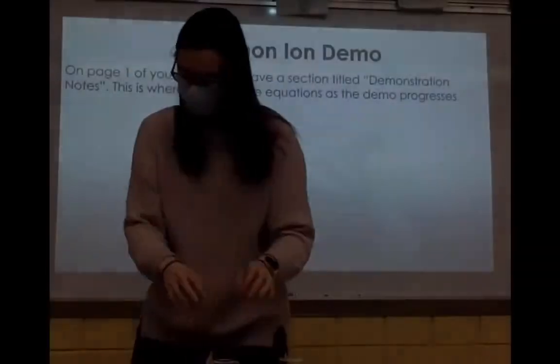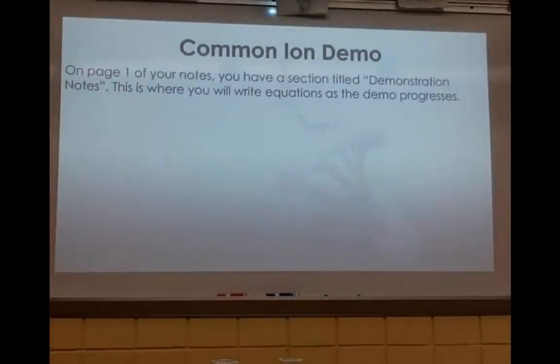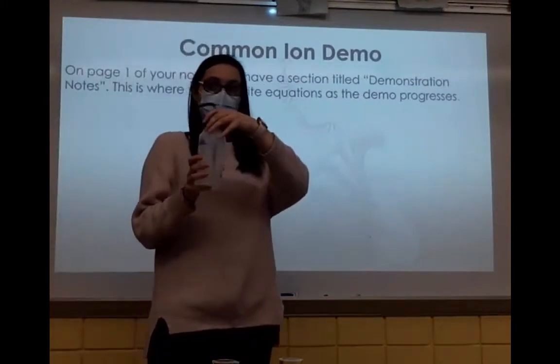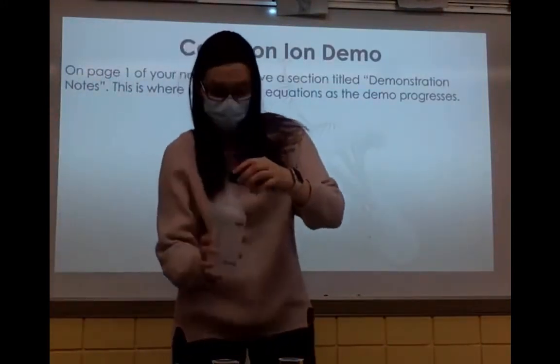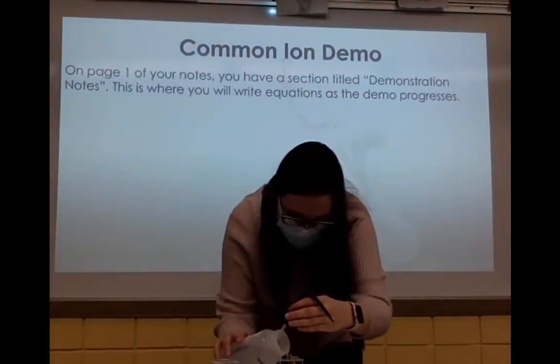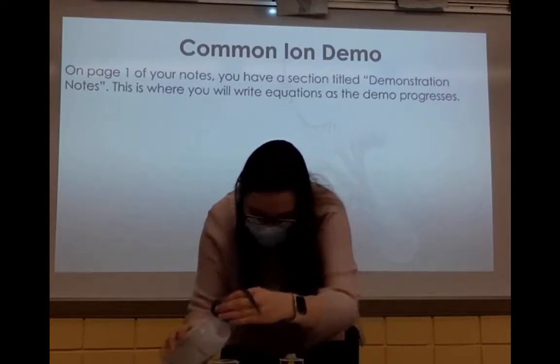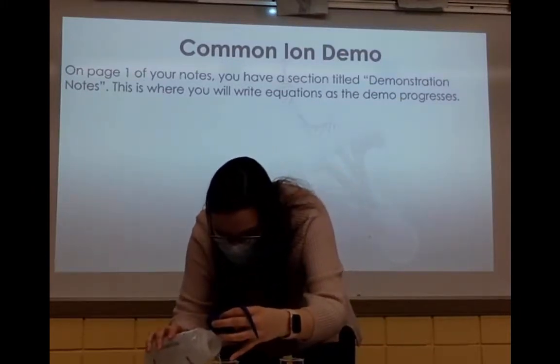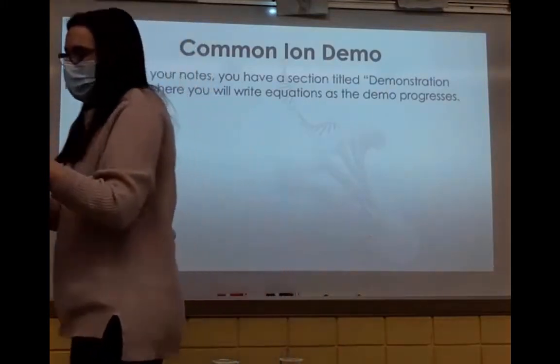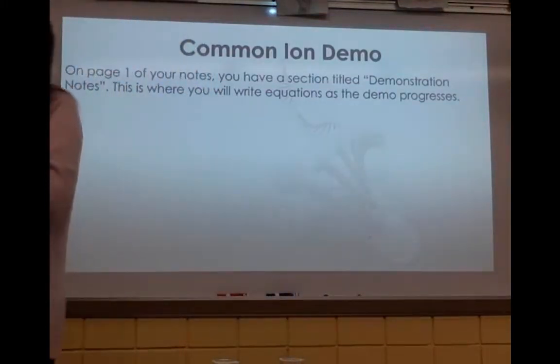So I have 2 empty beakers, and I'm going to add distilled water to each one. This is just water right out of the distilled water jug that's still on the back lab table. I'm going to try to add about the same amount of water. So really I'm just creating a solution. And actually what I'm doing is creating an ammonia solution.